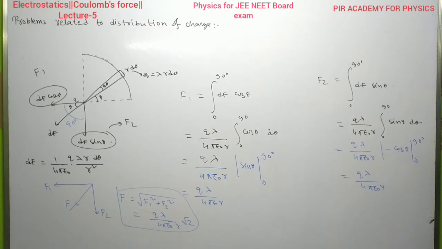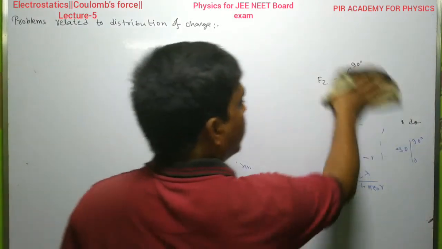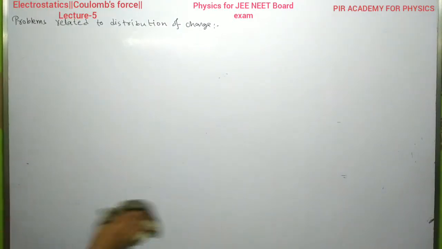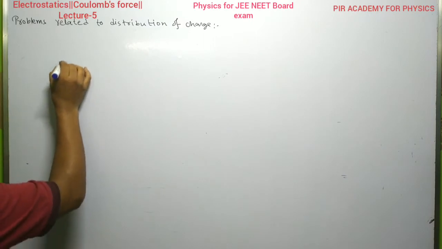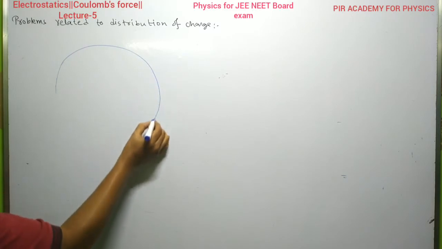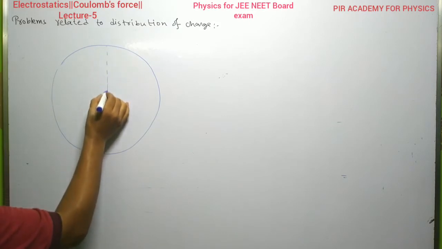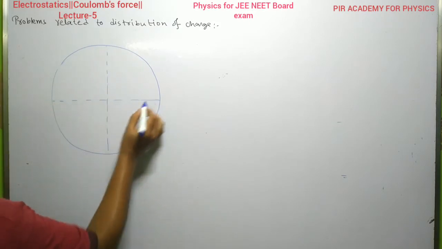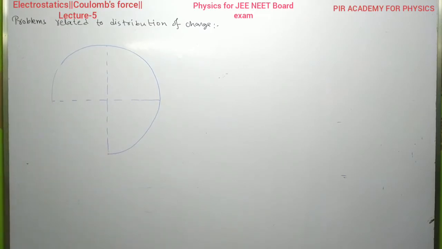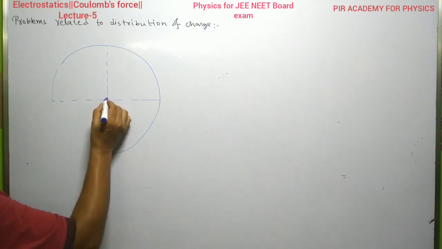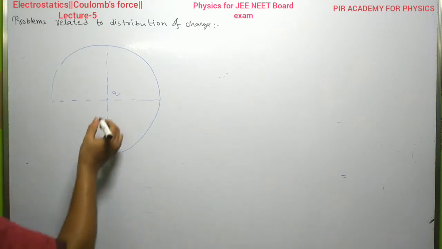Suppose there is another configuration, a circular path. If you put the charge q here, then you have to find out the force on q.